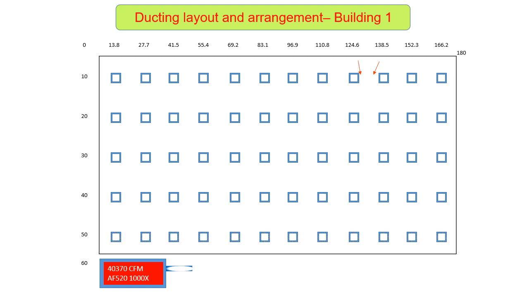Why is it so important to have this ducting layout? Yes, exactly.